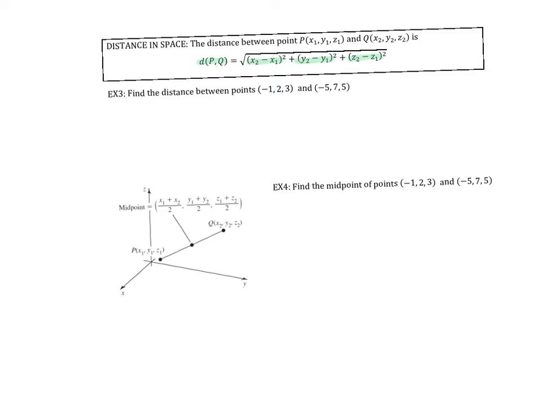If I was going to find the distance between the points -1, 2, 3 and -5, 7, 5, all I have to do is subtract the x's, and it really doesn't matter the order because we're squaring.